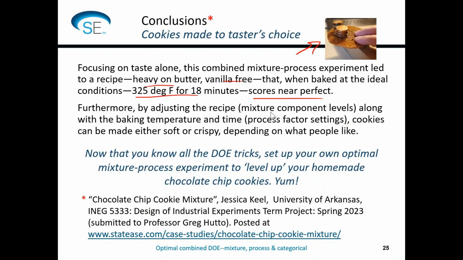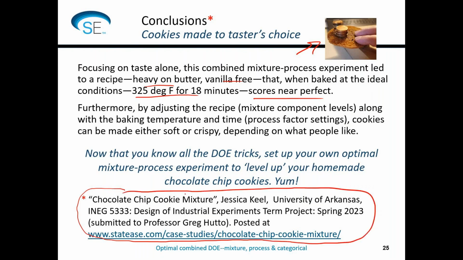Then she did a different numeric optimization going for the crispy cookie. So for that one, I would recommend you go back and look at this posting to get more details on the chocolate chip cookies. All right, and when you go to the website, you'll be able to follow this link because there'll be a posting of the slides.